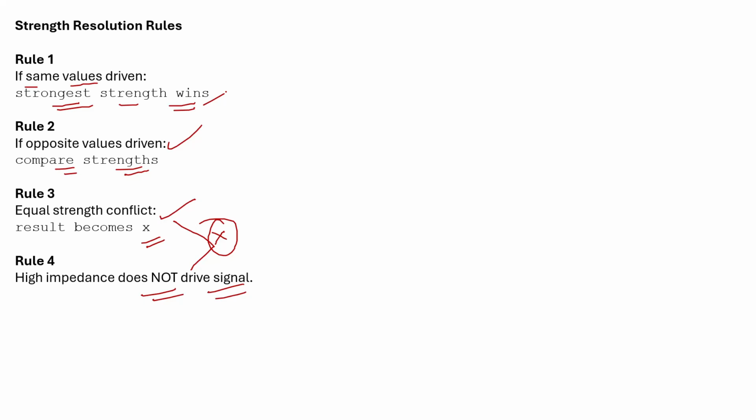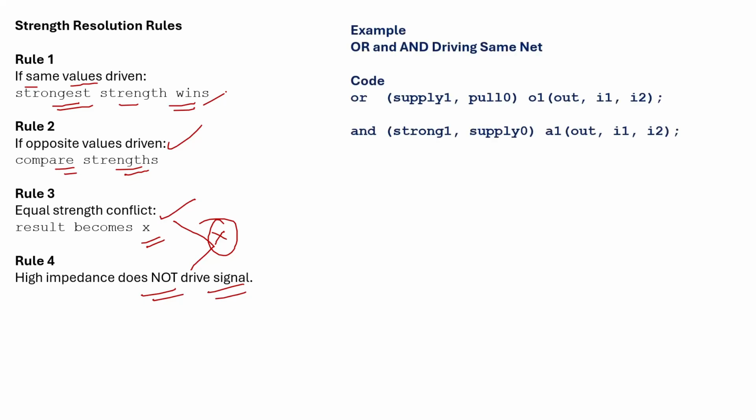See, supply 0 and pull 0. Which one is stronger here? One is an OR gate and the other is an AND gate. Supply 1 is the strongest compared to pull 0, so this one wins the race.